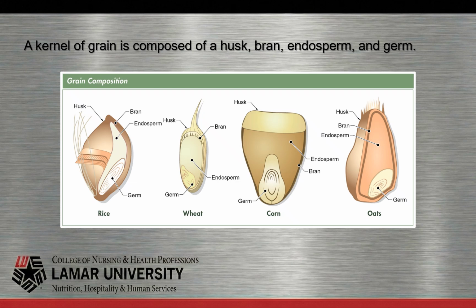An endosperm is the largest component of the grain kernel and consists of carbohydrates and a small amount of protein. It is milled to produce flours and other grain products. A germ is the smallest part of a grain kernel and contains a small amount of natural oils as well as vitamins and minerals.